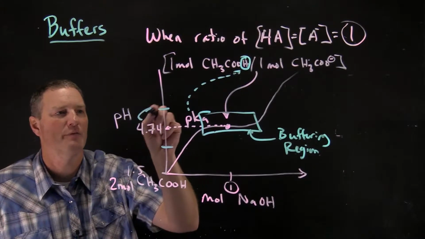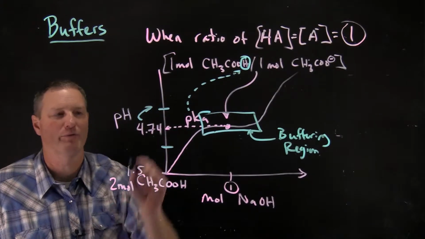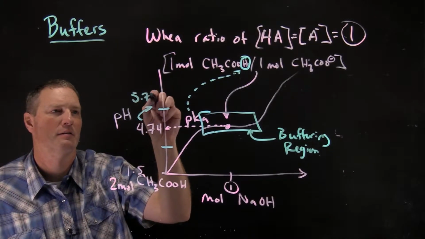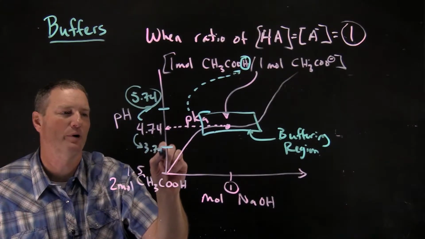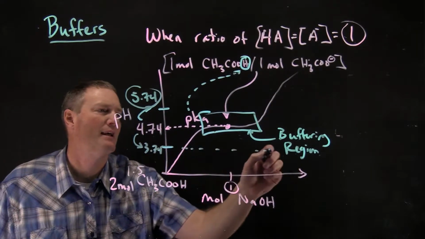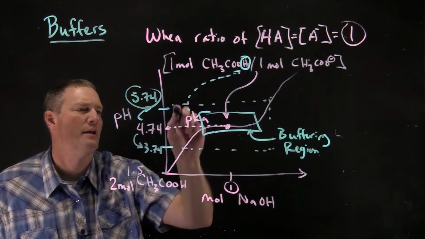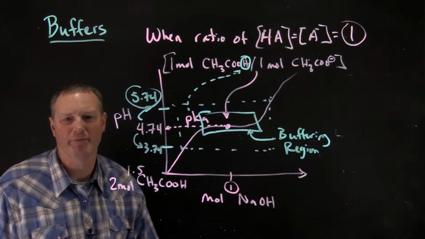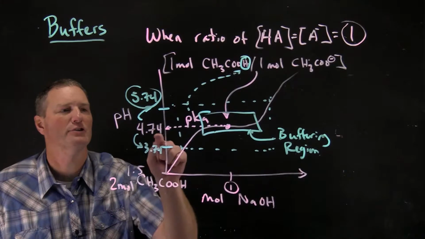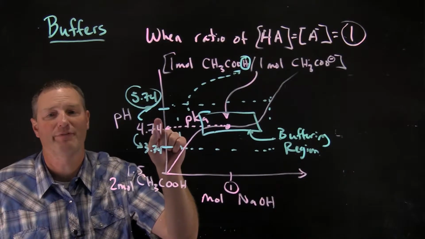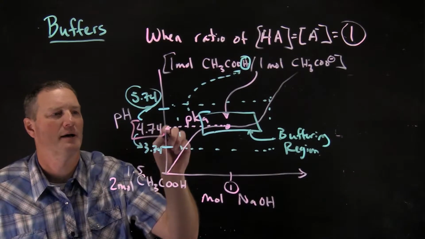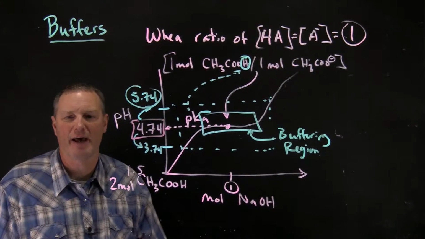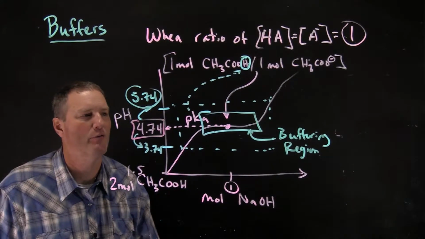Okay. So if I went up to 5.74 or down to 3.74, I would still be in a region that could potentially be a buffer. In reality, usually these are closer to values of 0.5 pH units relative to the pKa, where it's a good buffer. But we're just going to say a value of plus or minus 1.